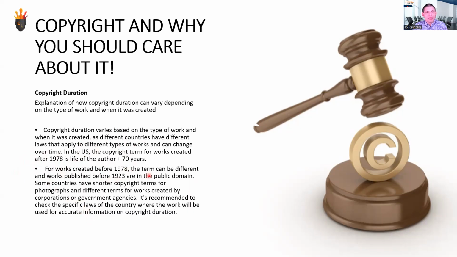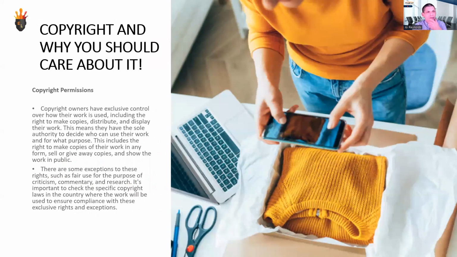But for works before 1978, the term can be different, and works published before 1923 are in the public domain. Now, let me explain what this public domain is. It's outside the copyright law, and it means that anyone can use it.